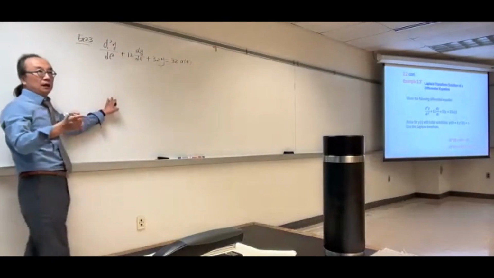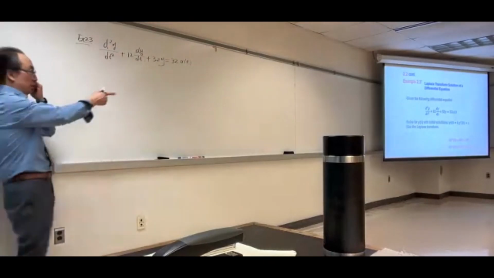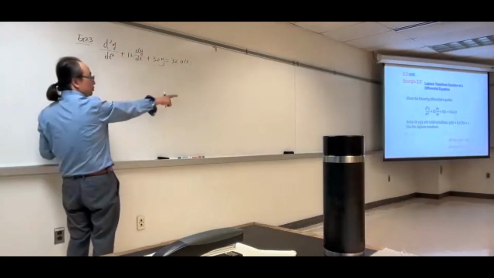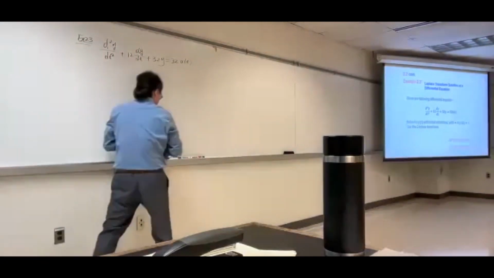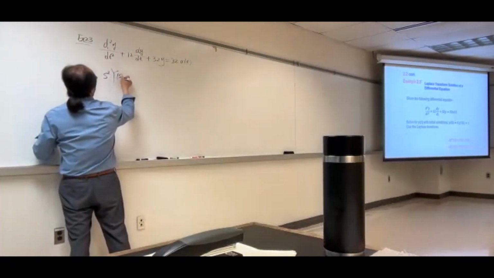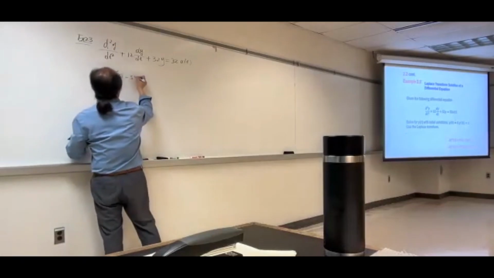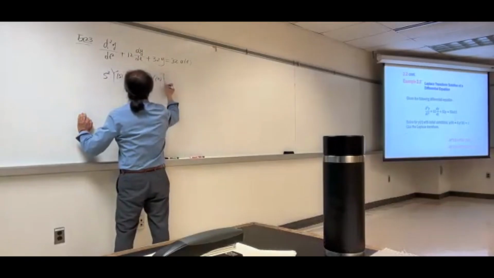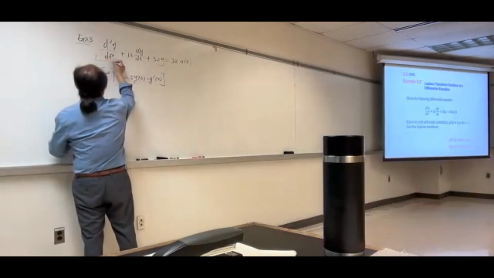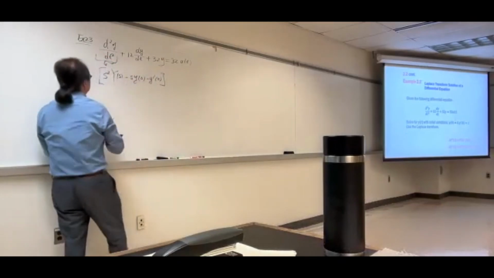In the handout equation sheets, we have the Laplace transform of the differential equation. For the first one, s squared Y(s) minus sY(0) minus y prime of 0. This whole thing is this.